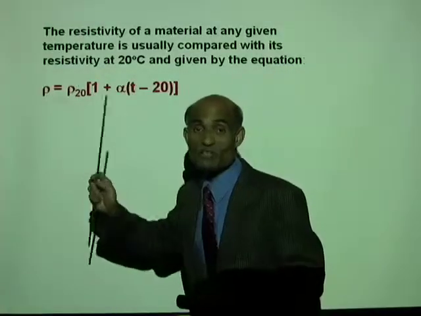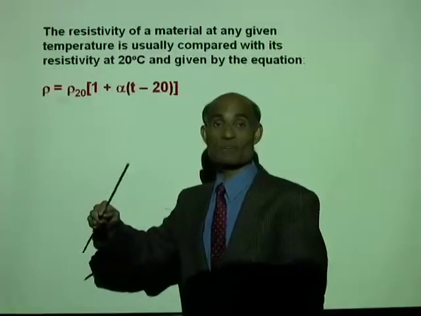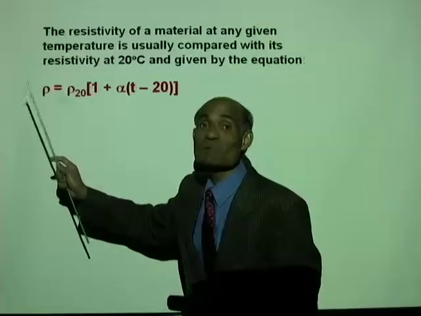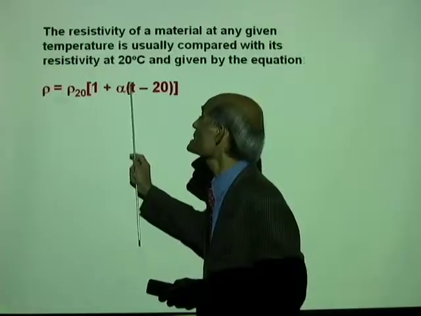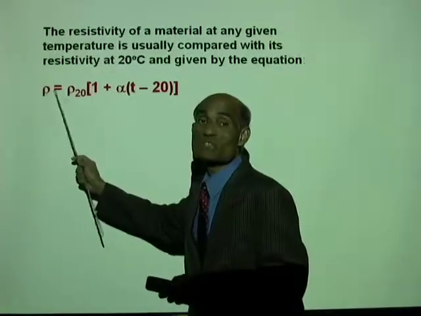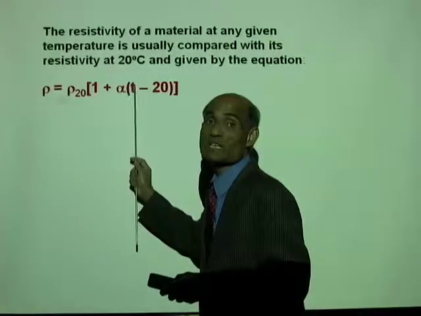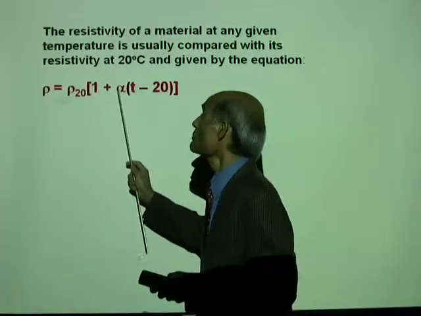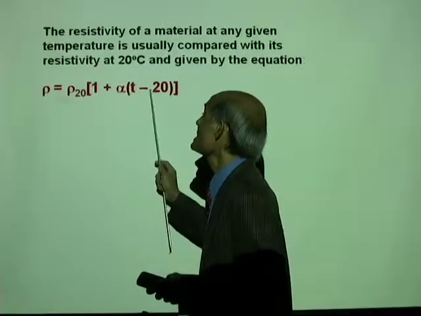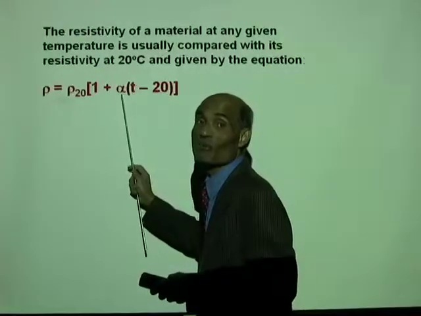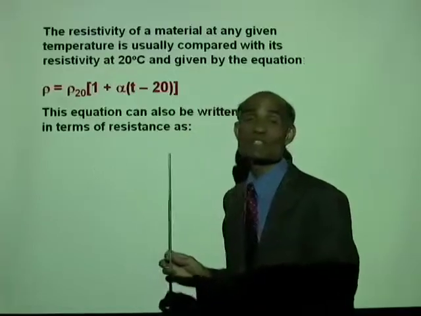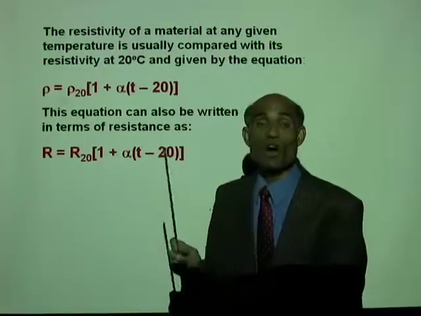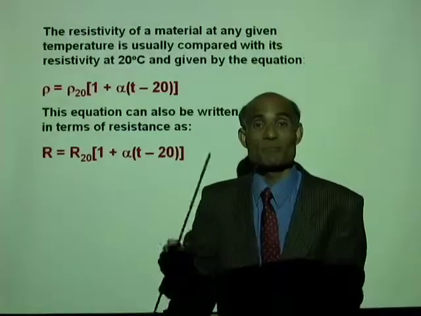Remember, this is the equation for the resistivity of the material. Rho, that means rho at any temperature T, equals rho 20 times 1 plus alpha times T minus 20, where alpha is a constant called the temperature coefficient of resistivity.